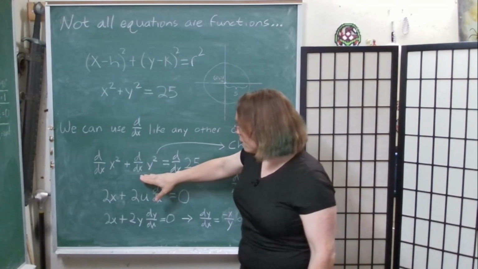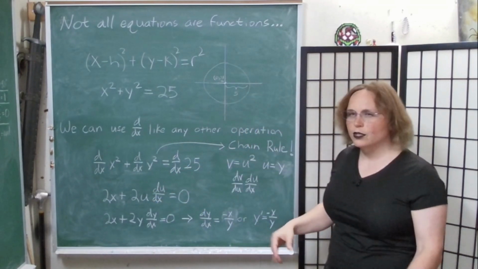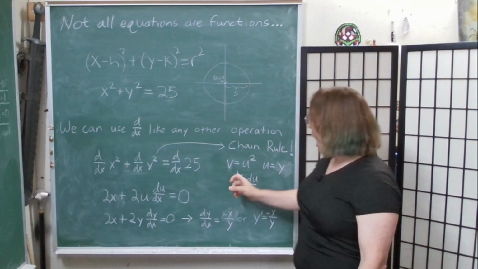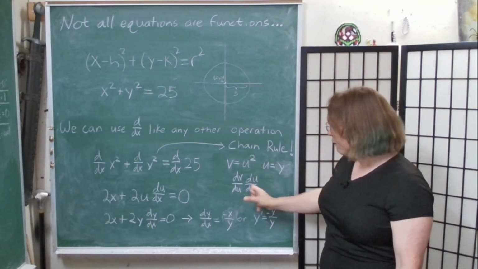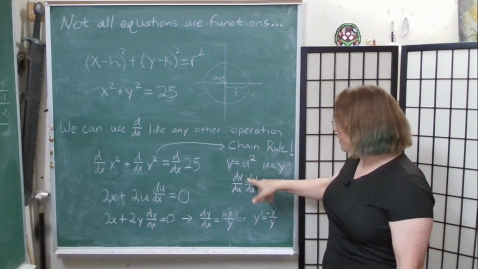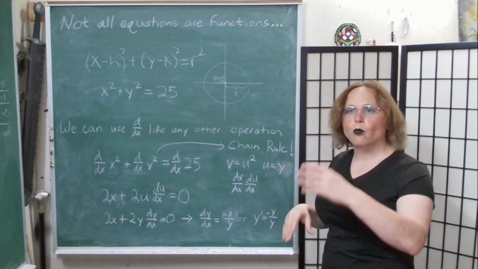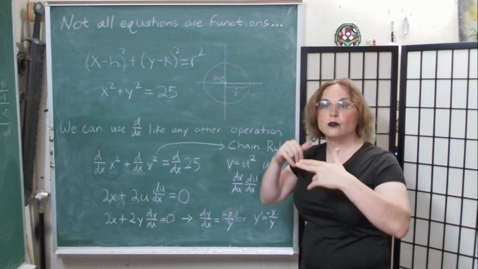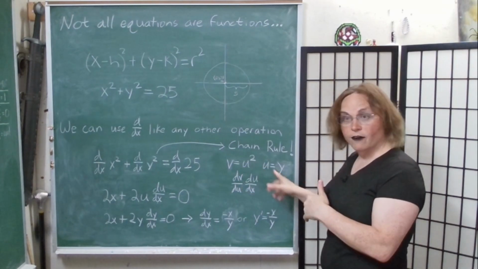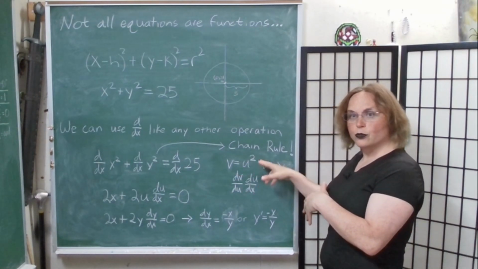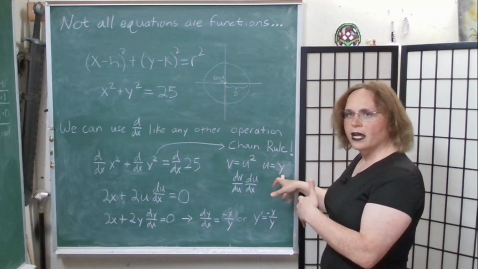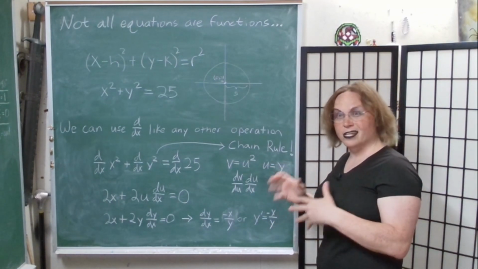And so when I do this, I use a bit of a notational trick where I write out the chain rule as dv over du times du over dx, okay? The reason I do this is because if I use the normal dy over du over dx, then when I write out my two function bits, I would get, in this case, y equals u squared, and then u equals y, which is a bit recursive and confusing.